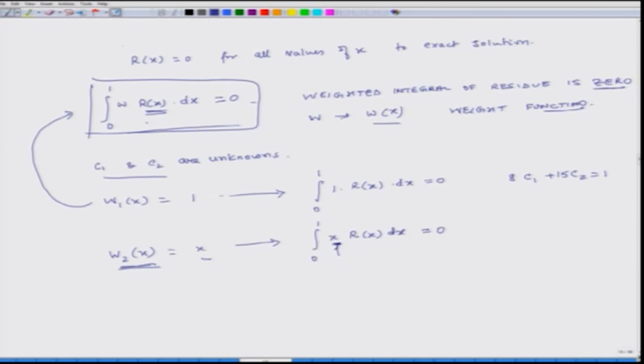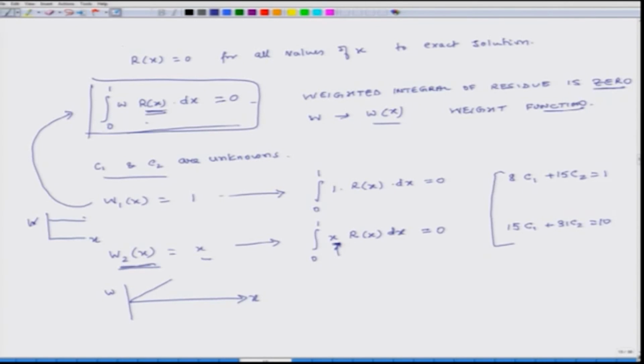This is the assumed form of weight function. Here x is position, the x axis is position. If I plot the weight function with respect to x, it is like this. So, from this I get another equation: 15 C1 plus 31 C2 is equal to 10.